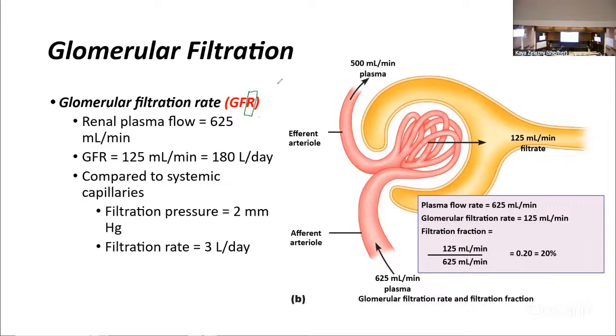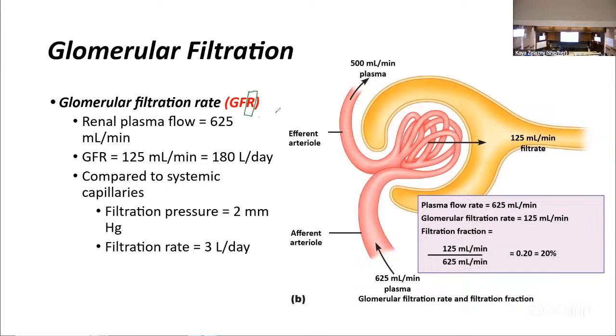You want to know whether you're thinking about the pressure, the force for filtration, or whether you're thinking about a rate, the actual milliliters per minute or liters per day of fluid moving through the kidneys. Okay. So when we're thinking about the glomerular filtration rate, we are thinking about how much fluid is going into the nephron, and we've got a time on that. That's why it's a rate.